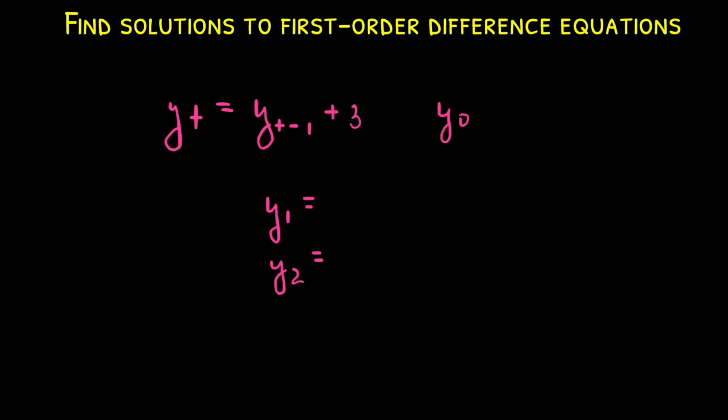Now suppose we have the equation yt equals yt minus 1 plus 3, in which yt is the variable we're working with and yt minus 1 is the variable previous to it. And we know what y0 stands for. We can find what y1 and y2 are equal to using the information we know.